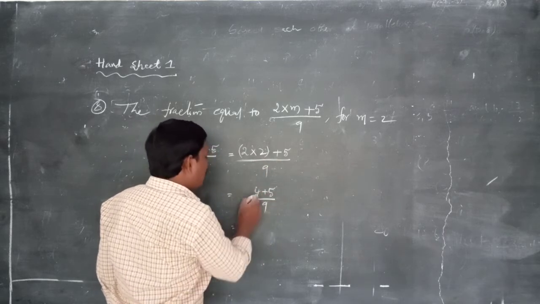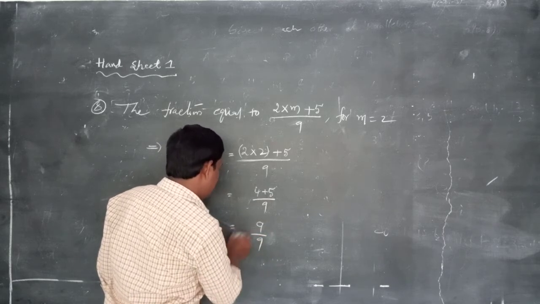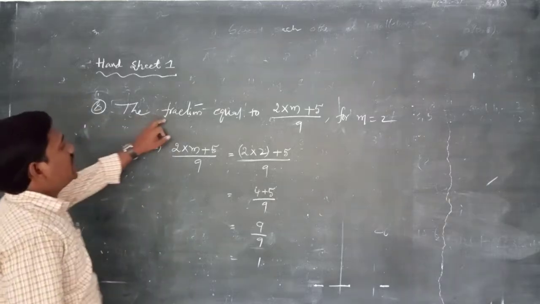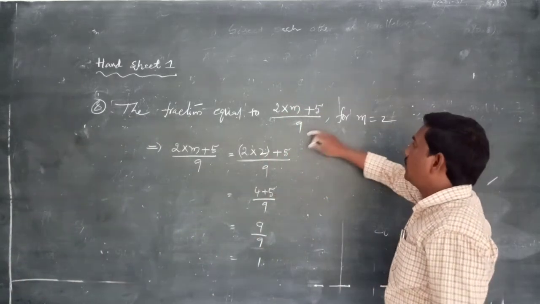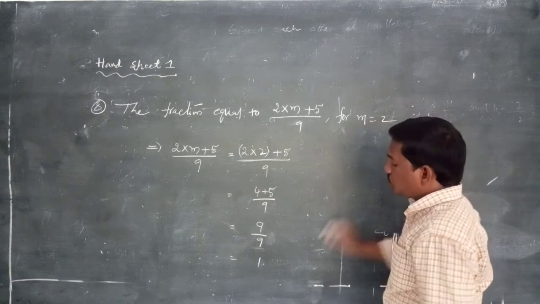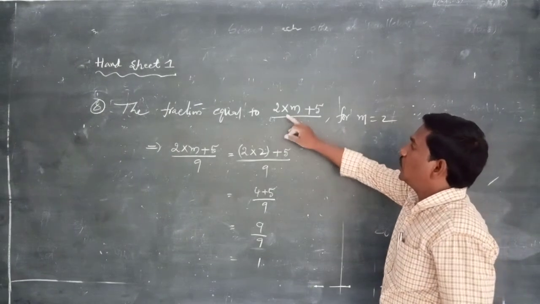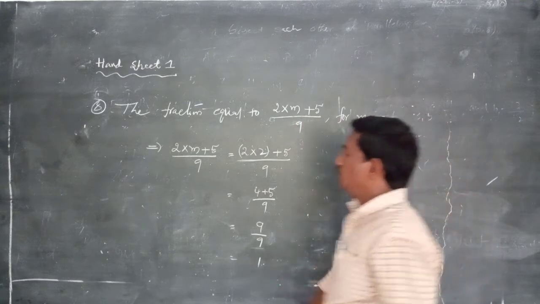That means 4 plus 5 is 9, 9 by 9 equal to 1. So the fraction equal to 2 into m plus 5 by 9 for m equal to 2 equals 1. So 1 is the correct option.